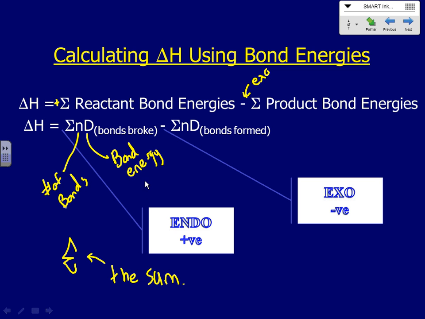It might be for a C-O bond or a C double bond O bond. It doesn't matter. And this is then the number of bonds formed and the energy formed. Again, there you can see I've got the positive sign here, and I don't have the positive sign there. We don't write it down normally, but bonds broken is endothermic, and bonds formed is exothermic.